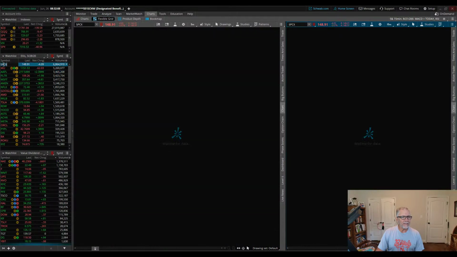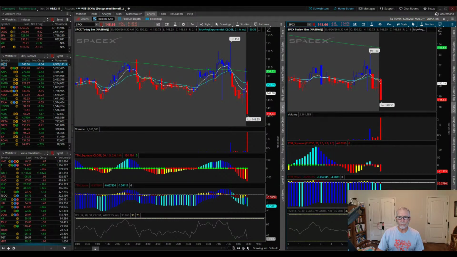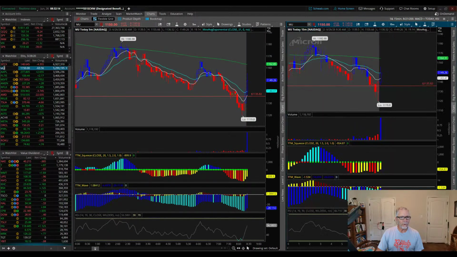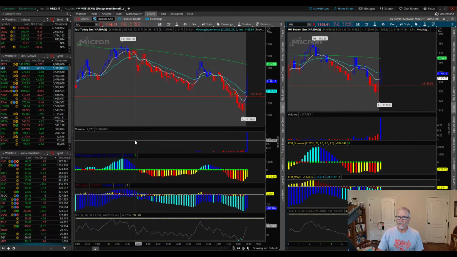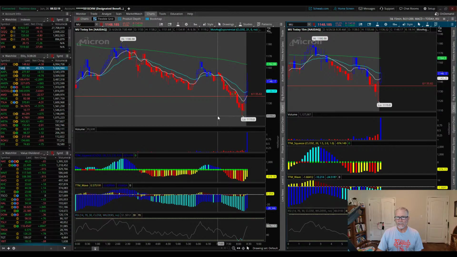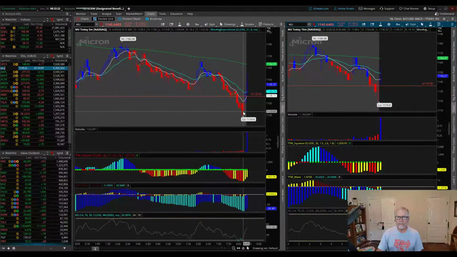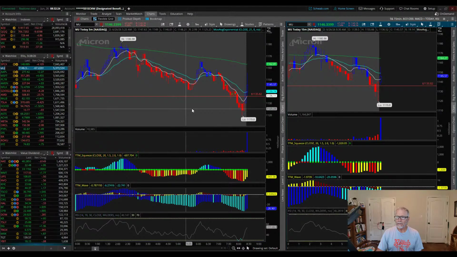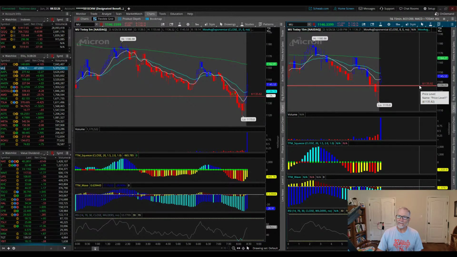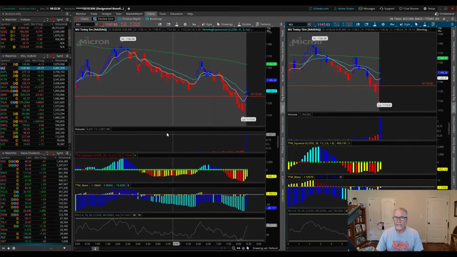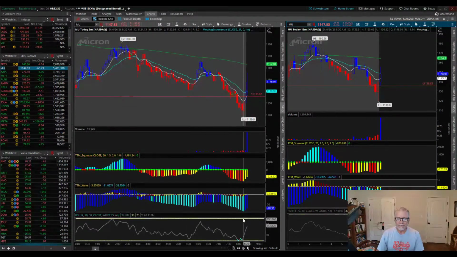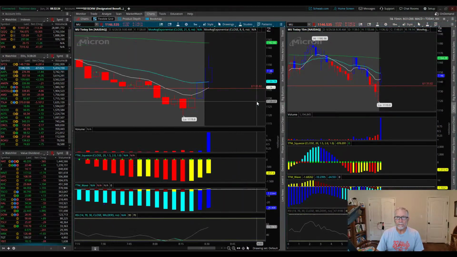But let's see, SpaceX is down to 148. Okay, Micron, we're having a sell-off, a little bit of a sell-off on Micron. It looks like it got down to 1119.80 pre-market about 15 minutes ago. And I've got this 1135.82 mark. That's the pre-market low. And it's interesting, if you can see this, let me make it bigger.